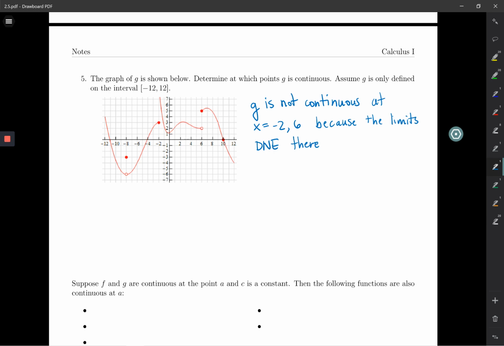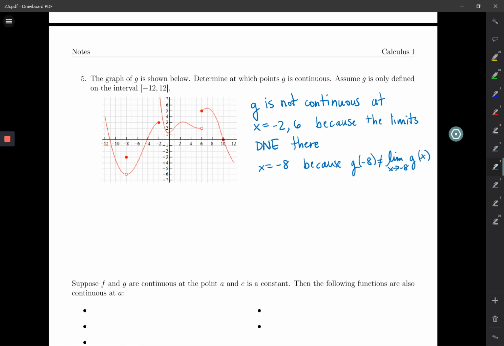So those two are points of discontinuity, and at x equals -8, the limit does exist there. It would be approaching -6, but the value of the function is not equal to the limit, because g of -8 does not equal the limit as x goes to -8 of g of x. Sorry, I was using f and this should be g. The limit does not equal the value of the function there.